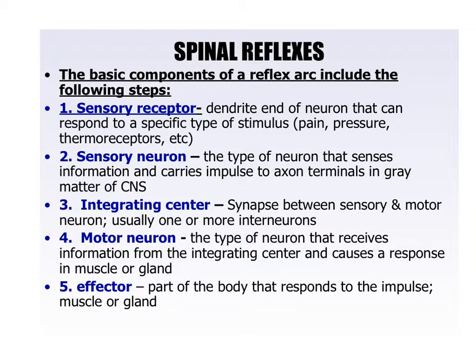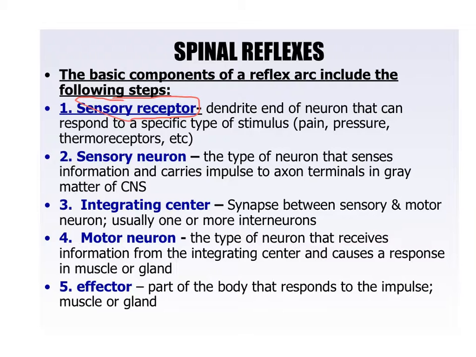And now this is basically what I just said, just in word form. So if you happen to see this question on your exam and it's a short answer or essay question, these are the things you're going to want to include. It starts out with the sensory receptors. So that could be a Ruffini ending that's sensing heat, or maybe some free nerve endings which sense some sort of pain.